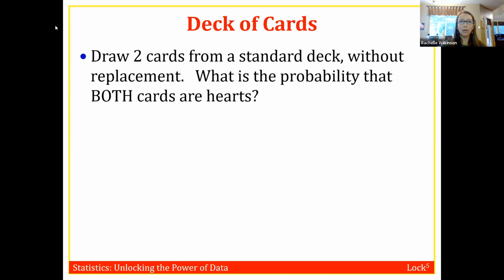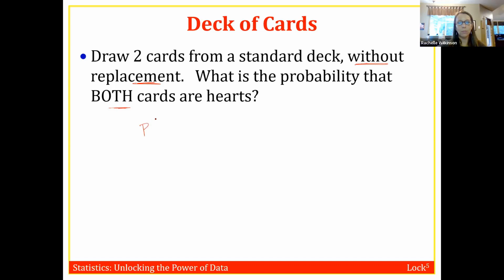Suppose we draw 2 cards from a standard deck without replacement. What's the probability that both cards are hearts? So this time we're drawing 2 cards and we want to know the probability that they are both hearts. So that's a multiplicative rule kind of thing. And if we're drawing the 2 cards without replacement, that means we're talking about the multiplicative rule when the events are not independent.